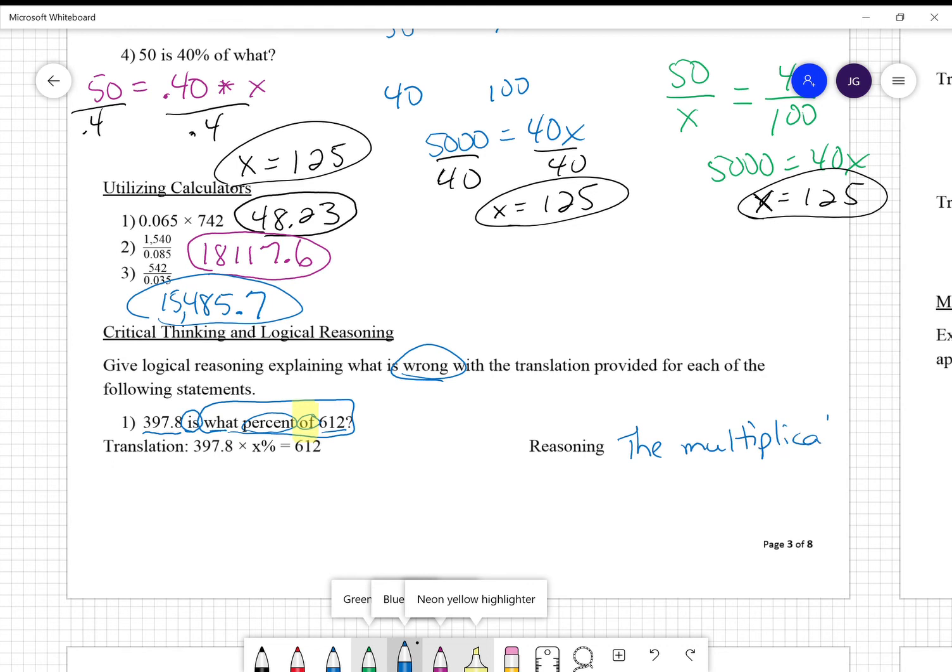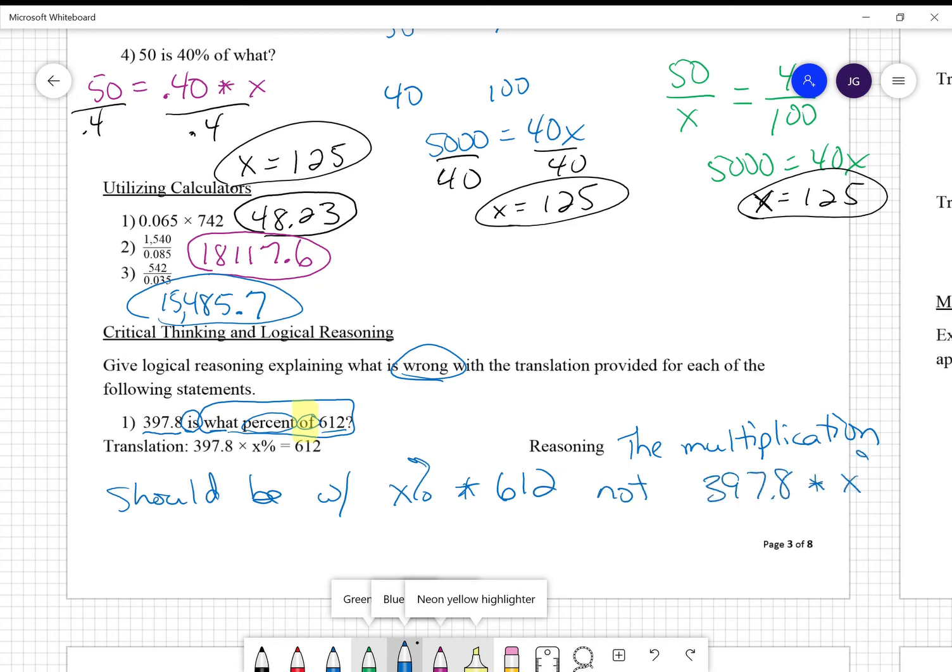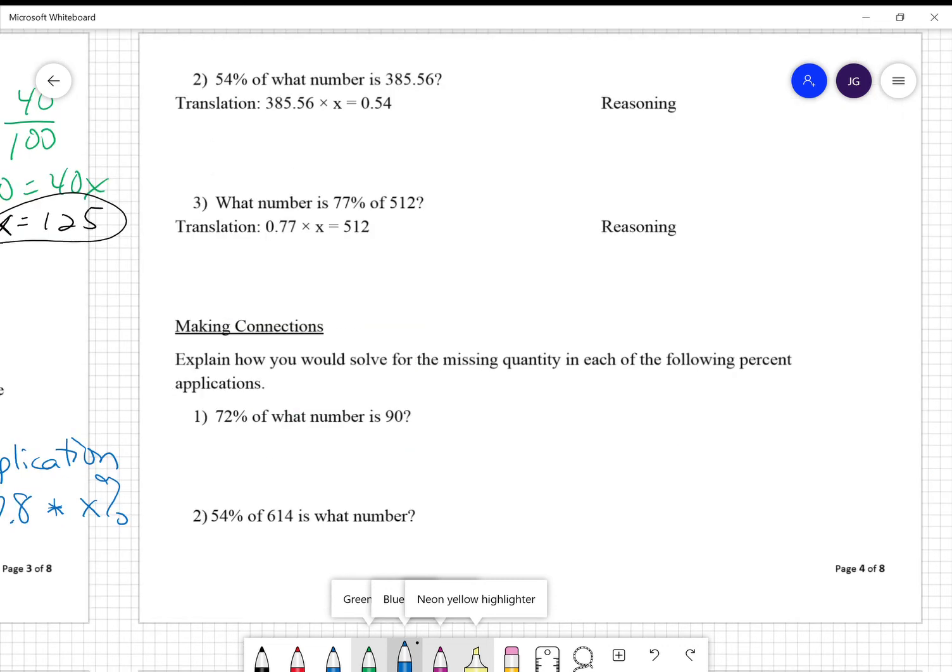The multiplication should be with X percent times 612, not 397.8 times X percent. Next example. 54% of what number is 385.56?